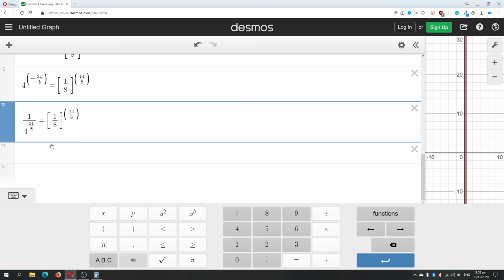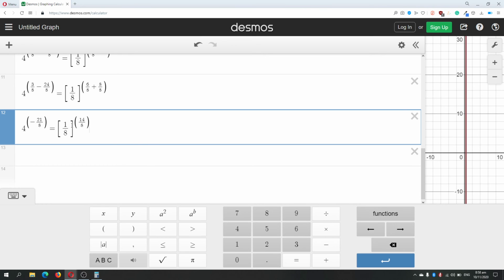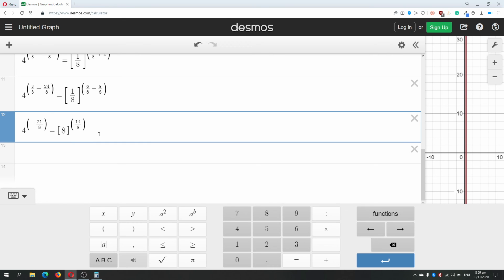So, if that is the case, gawin na lang natin. Ito na lang yung gagawin natin. So, from 8 over 1, that is 8 raised to negative 1. Yan.